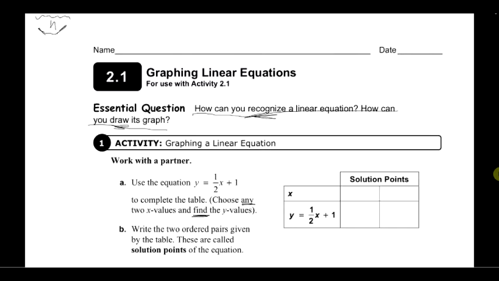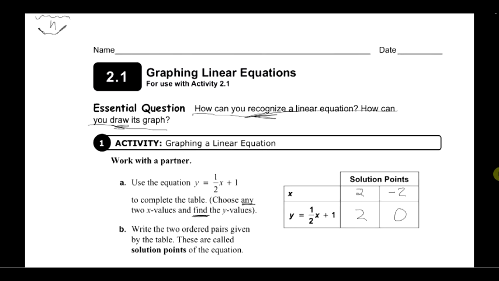I want an easy answer, so I know that 1/2 times 2 is simple, so I'm going to choose 2 as my number. 1/2 times 2 is just 1, and then 1 plus 1 is 2. Well, that's cool. We can choose negative numbers too, so I'm going to go with -2 because that's also easy. 1/2 times -2 is -1, and then -1 plus 1 is 0.